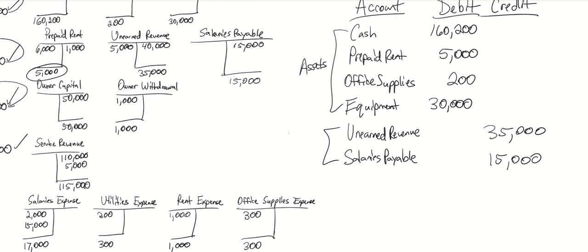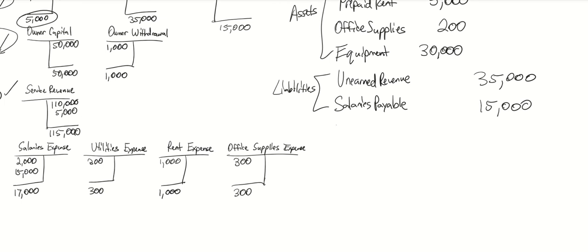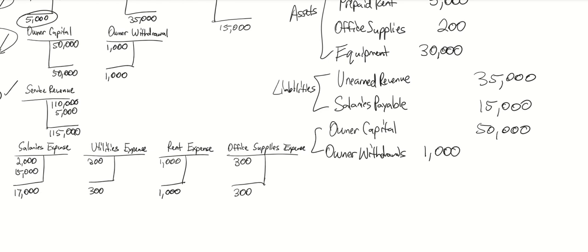So these are our liabilities. Next we have our equity accounts. That didn't change, so owner capital has a credit balance of $50,000. Owner withdrawals has a debit balance of $1,000. That's our equity.